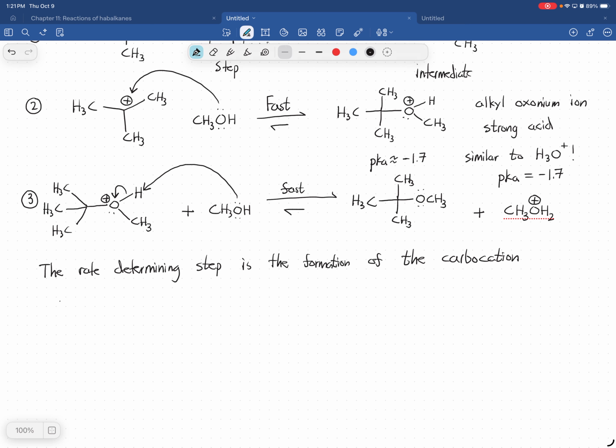Okay, so remember the relative stability of carbocations, they are the same as radicals.